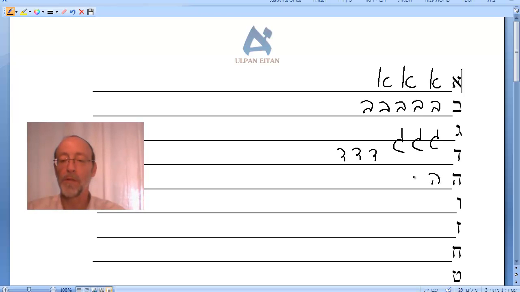Again, a letter where the script looks very similar to the block. And I can assure you that only a few of the letters of the script look dramatically different than their block letters. So far we've seen two of them. I would say the Aleph and the Gimel.